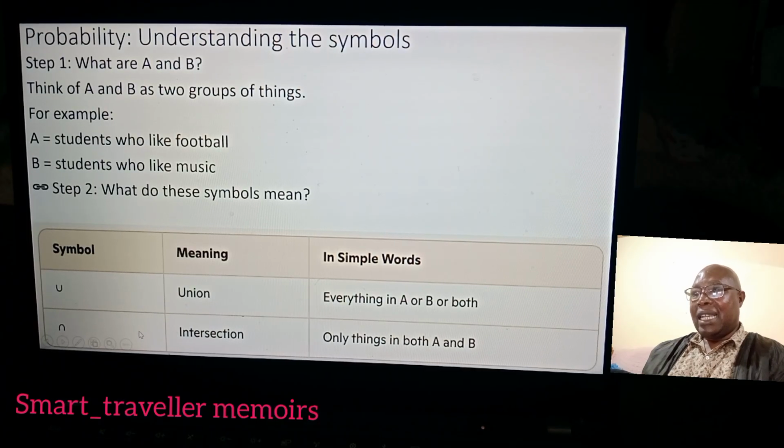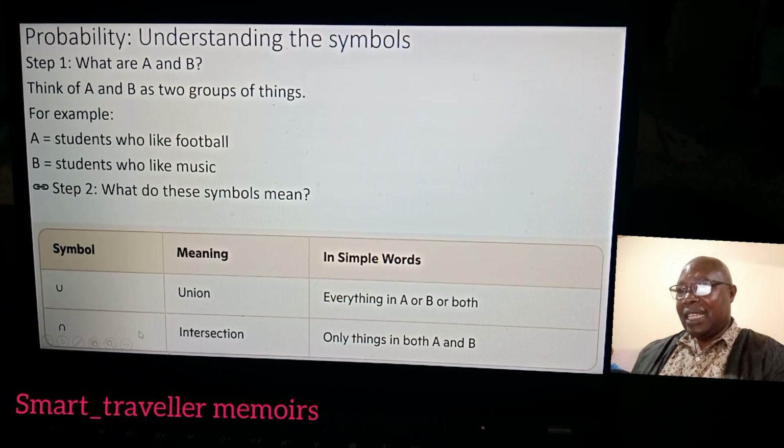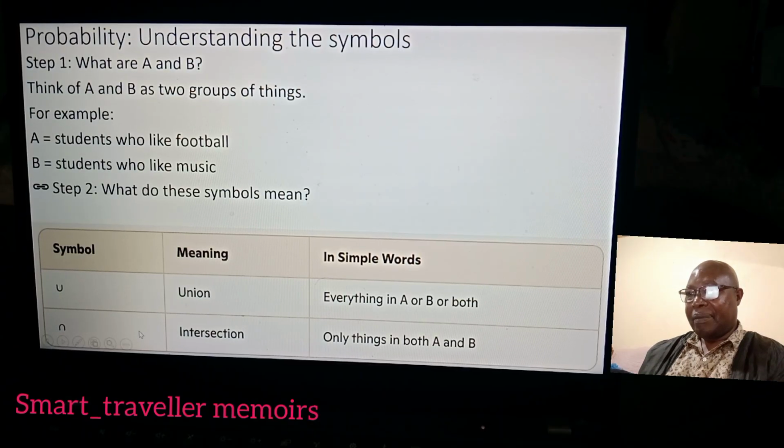The symbol like an inverted U means intersection. And in simple words, it's only things in both A and B.